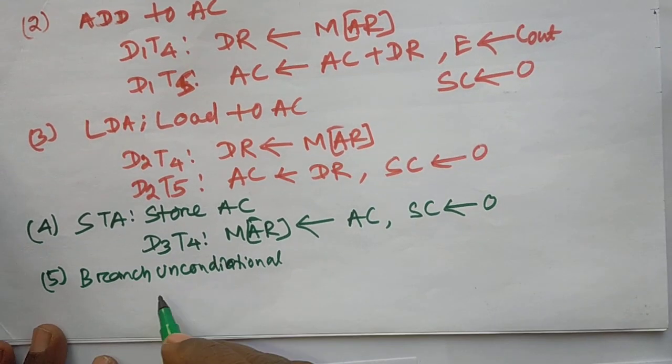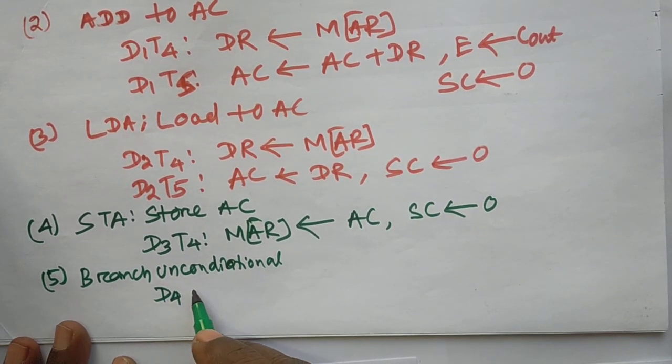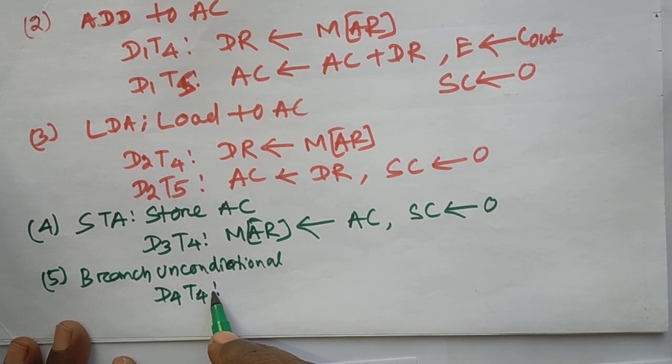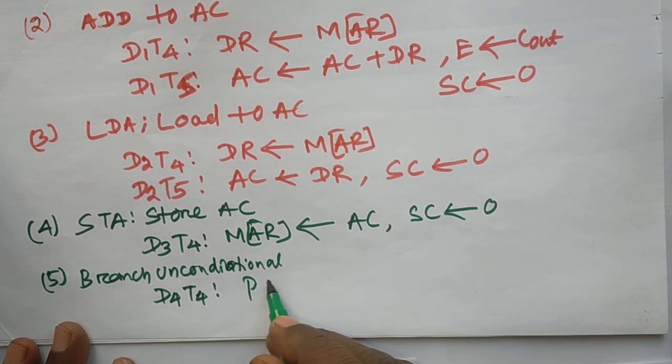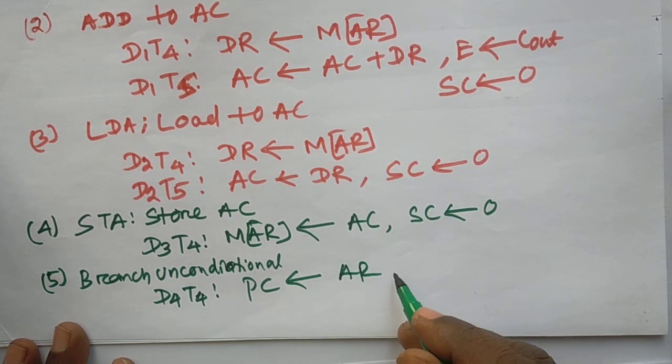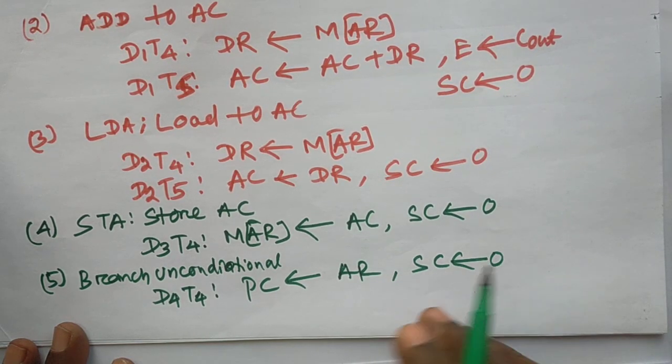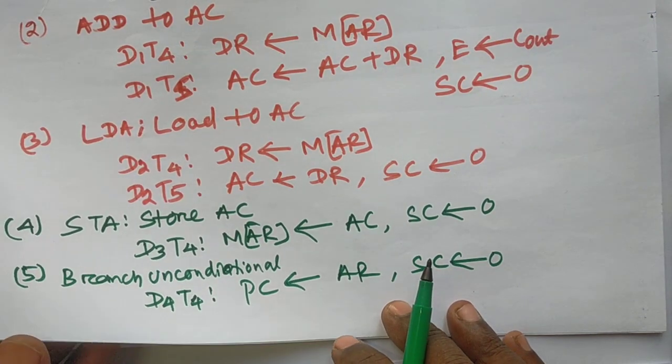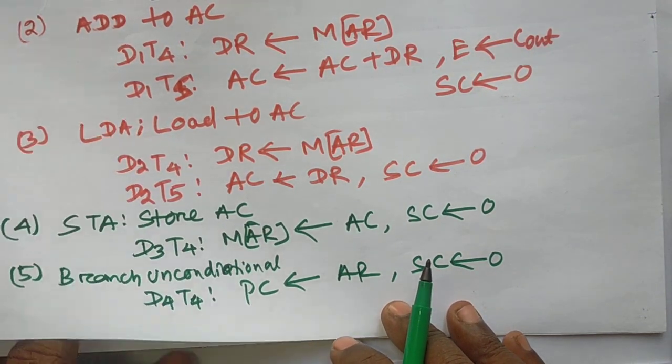In that case, D4 T4 such that the address register AR data is transferred to PC, and SC is 0. In this way we define that.